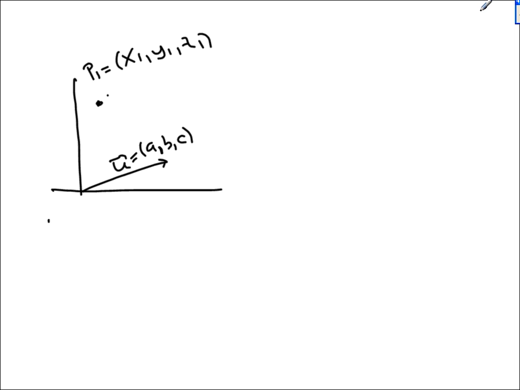Now, you want a line. Well, let's first get a vector. You want a line that crosses P1 and is parallel to vector u. That is, you want that line.